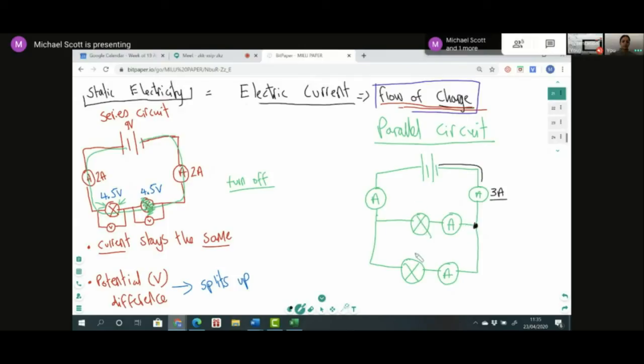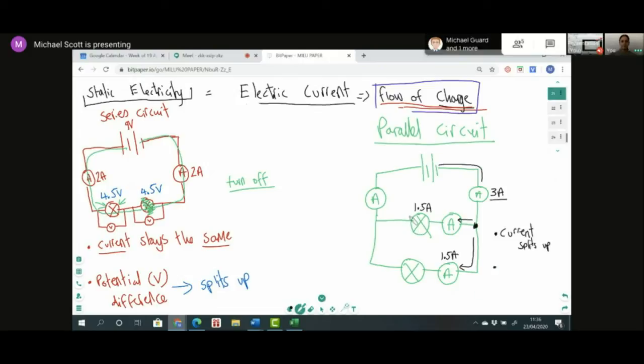If these light bulbs are identical, just like in our series circuit, then we're going to get 1.5 amps of current going through this branch, and we're also going to get 1.5 amps of current going through this branch here. Hopefully you can see that what's happened is the current has split up. So in a parallel circuit, we can say that current splits up.